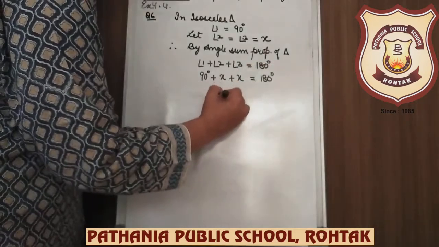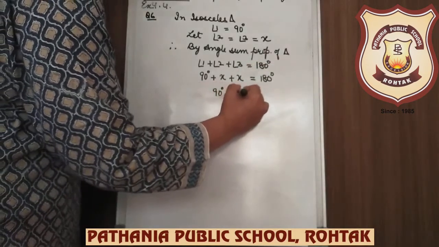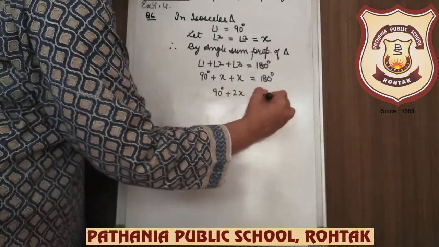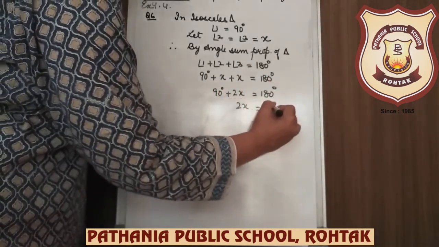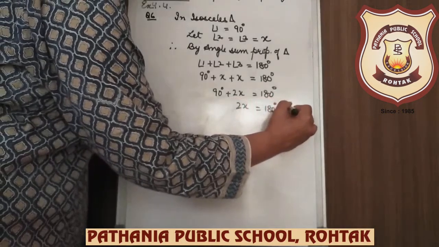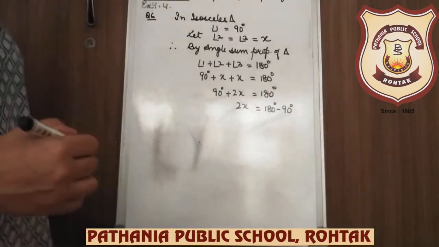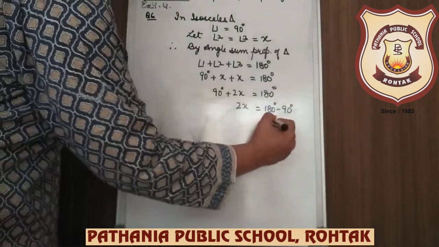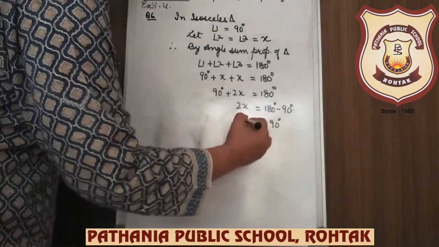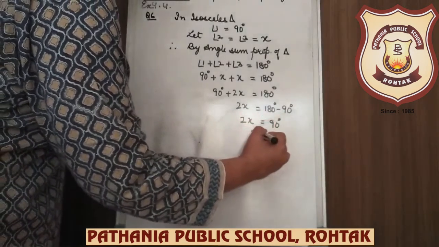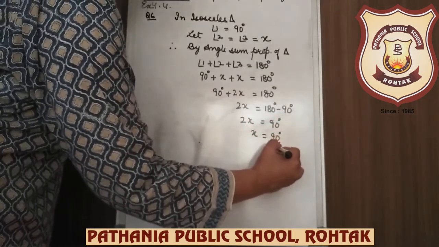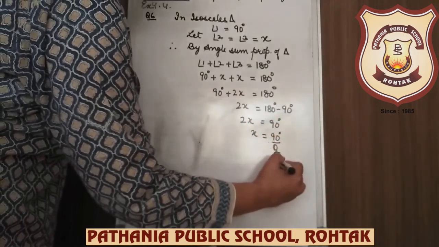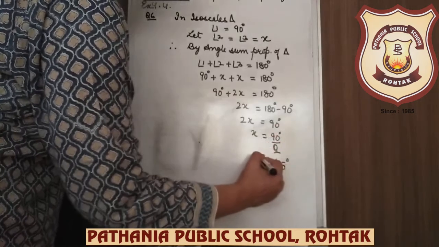So 90 degree plus 2x is equal to 180 degree. 2x is equal to 180 degree minus 90 degree, and this comes out to be 90 degree. So x is equal to 90 degree upon 2, that is 45 degree.